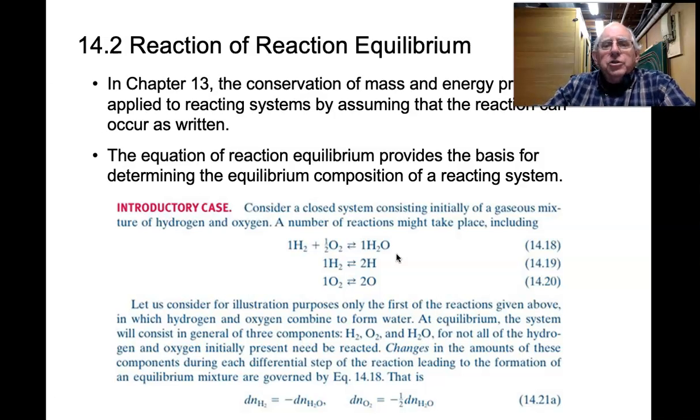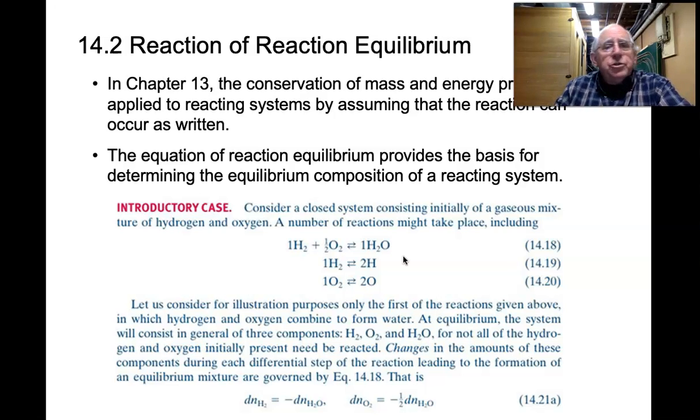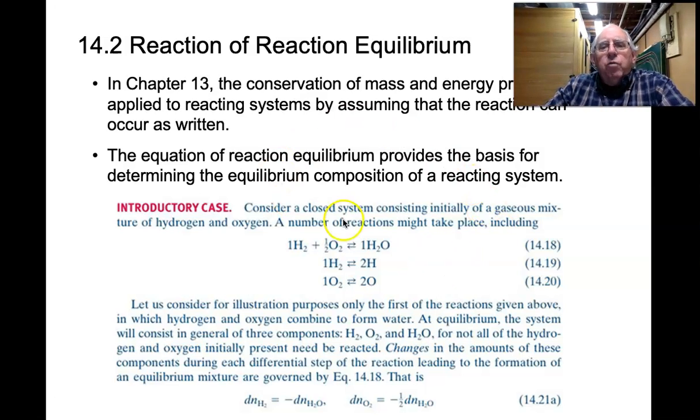But what we know also happens, especially when the products are at an elevated temperature and at certain pressures, is that water doesn't just stay as water. Or better yet, what happens is hydrogen, the diatomic hydrogen, has a tendency to dissociate.